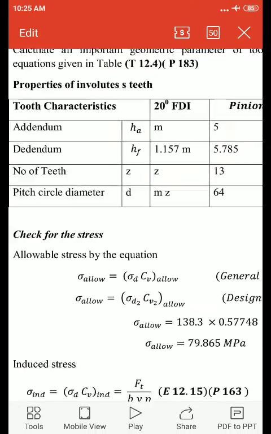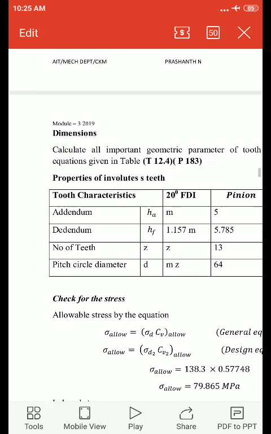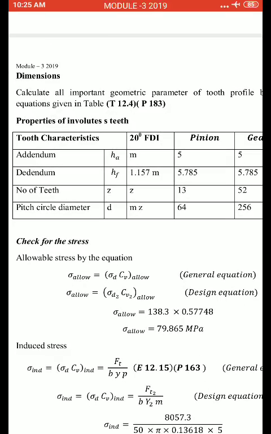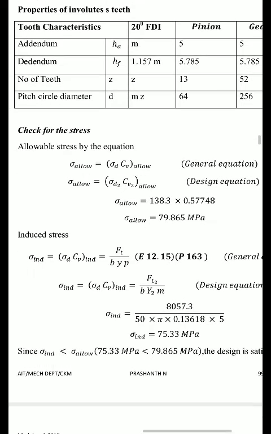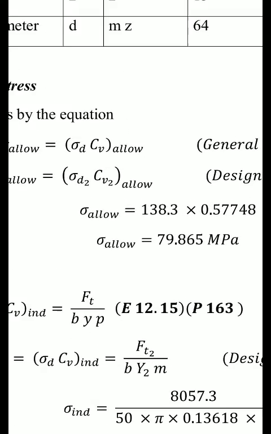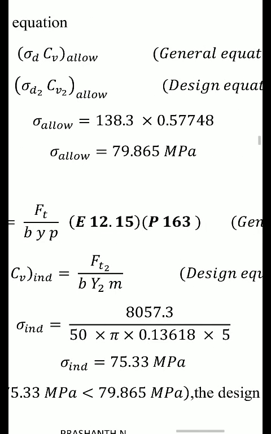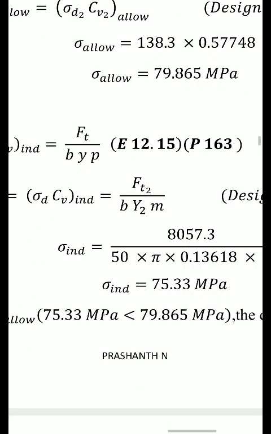Next, dimensions. You don't need all these things, so directly you can go for checking the stress. Sigma_D1 into Cv, sigma_D2 into Cv2, substitute the values of the allowable stress.